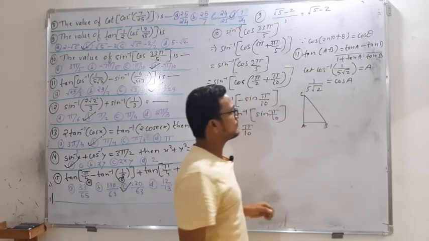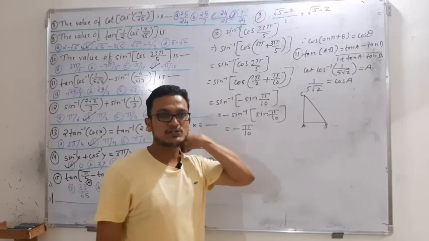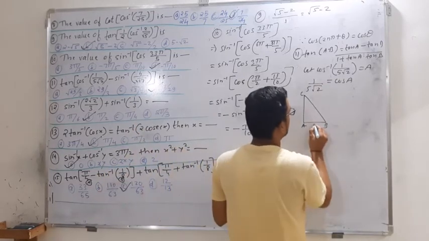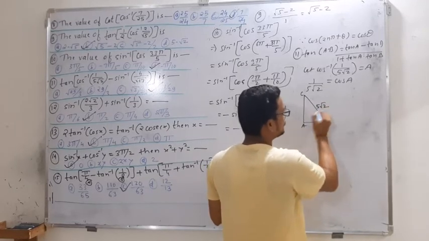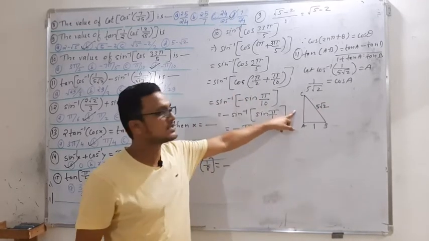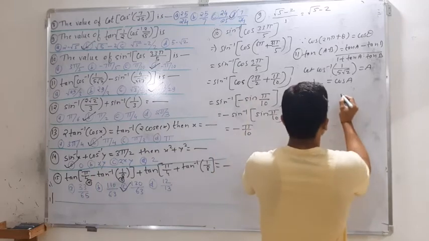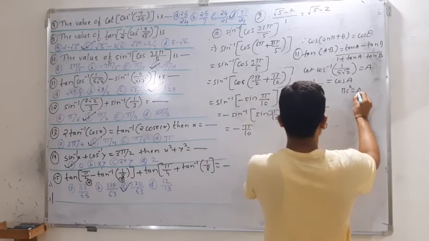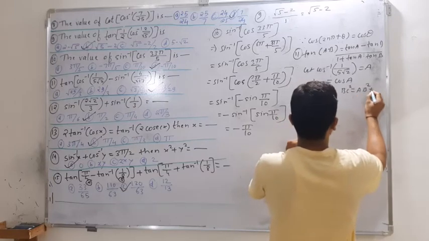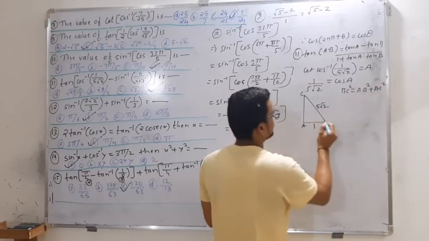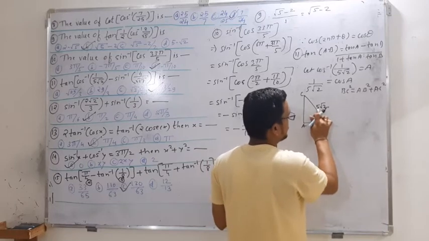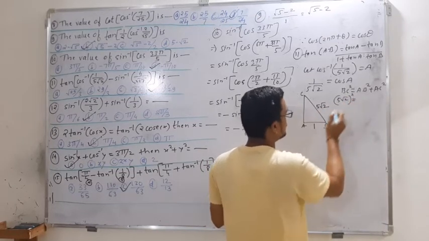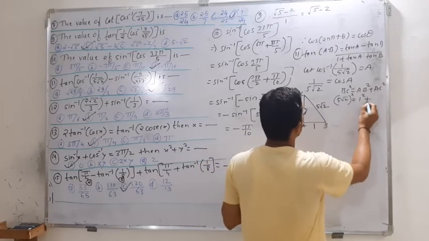Now cos A is 1 upon 5 root 2. What is the definition of the cos function? Base upon hypotenuse. So base is 1, hypotenuse is 5 root 2. Then you have to find this third side. Use the Pythagoras theorem: hypotenuse square is equals to the sum of the squares of the other two sides. So 5 root 2 square is equals to AB square, which is 1 square, plus AC square.